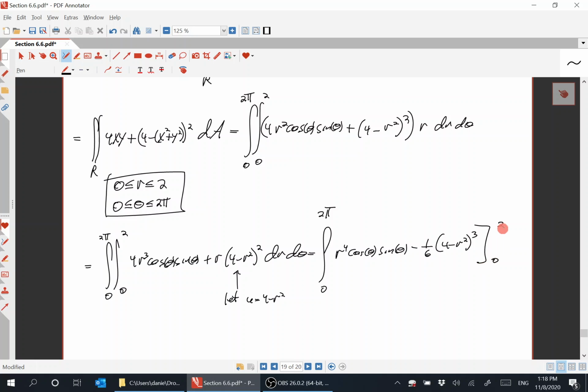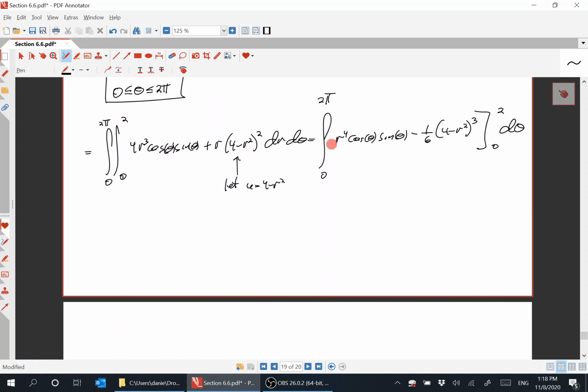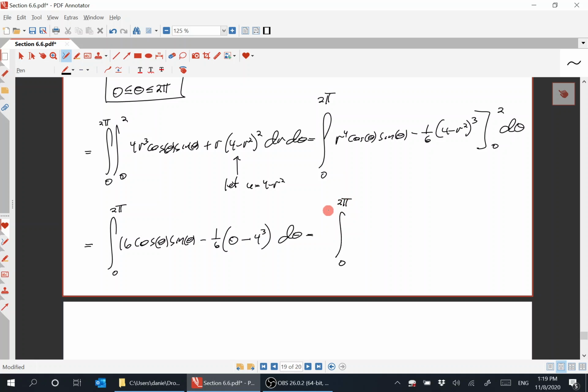Evaluated from 0 to 2, and we still got to do the d theta. So this is equal to the integral from 0 to 2 pi, 16 cosine theta sine theta minus 1/6, and then at 2 this is 0, and then at 0 it's 4 to the third, d theta. So integral from 0 to 2 pi.